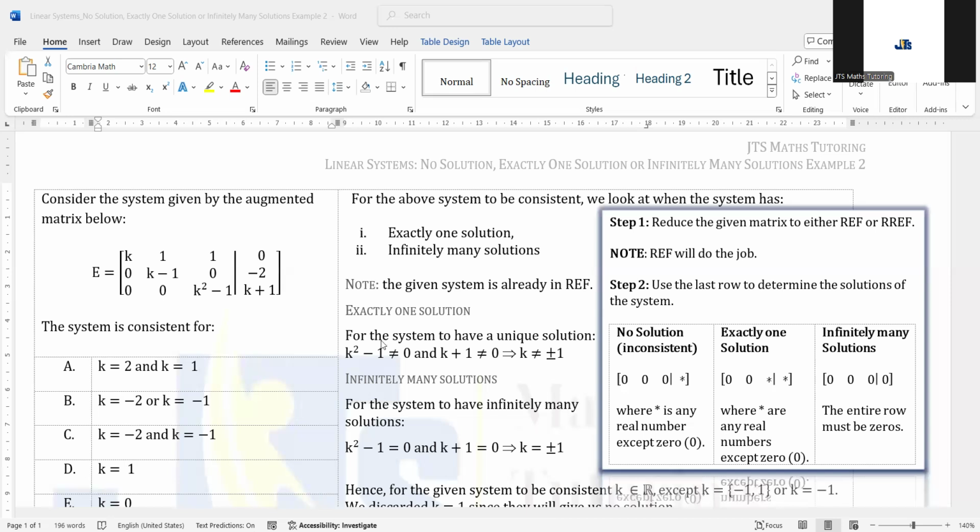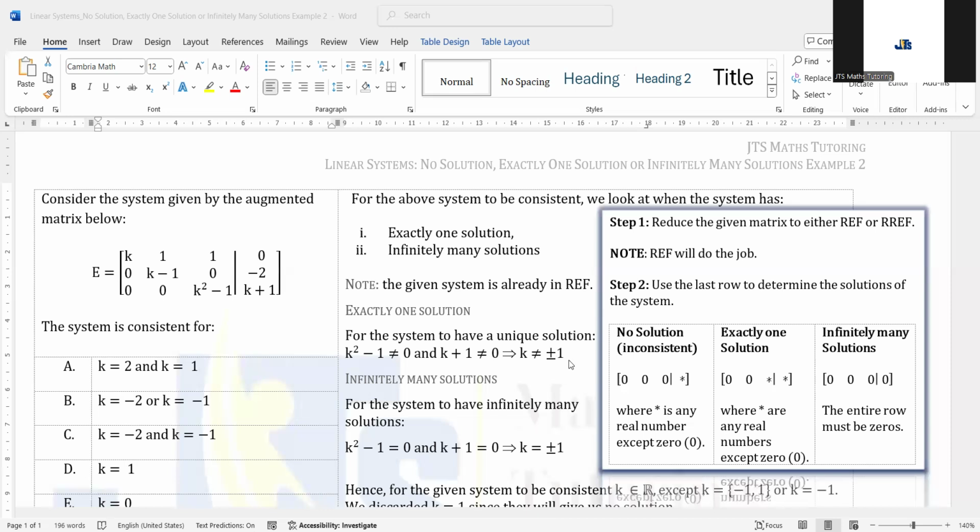So literally speaking, what I'm saying here is that for this system to have exactly one solution, or to have a unique solution, K can be any real number as long as that real number is not plus or minus 1.